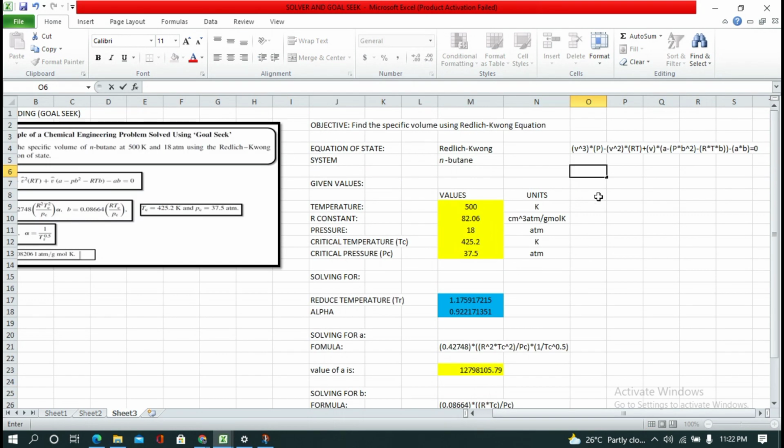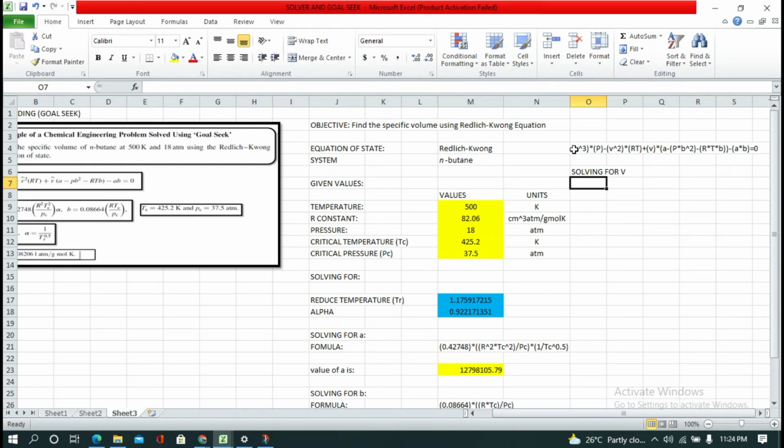So after this, solving for V. Going back to the objective of finding the specific volume, for solving V we have this equation in here for the Redlich-Kwong equation. But we cannot directly use this one because we are missing the initial value of the volume.